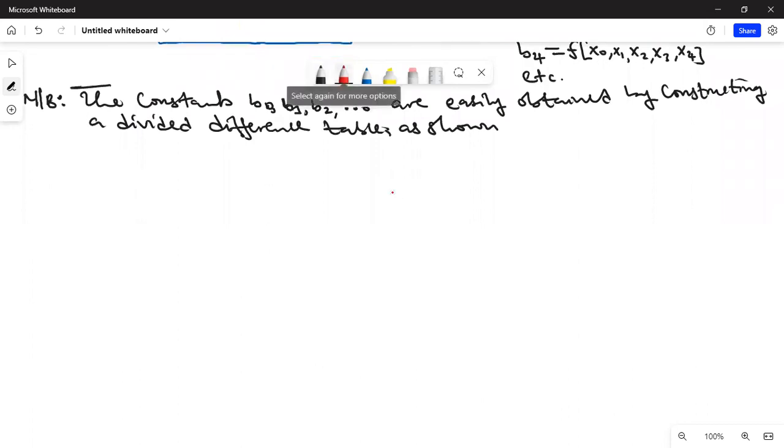So our table should look like this. We need to have x, then f of x.